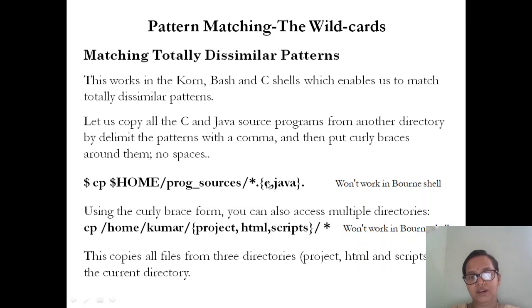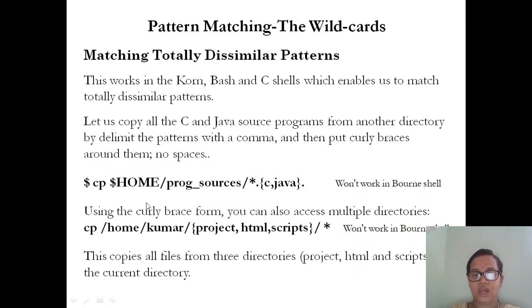See here, the patterns are delimited by a comma, and also with the curly braces, or you can even call them flower brackets. Without any spaces, you have to give this. If you pass this command, then it won't work in Bourne shell, but the rest will take care of this command and it will give you the output.